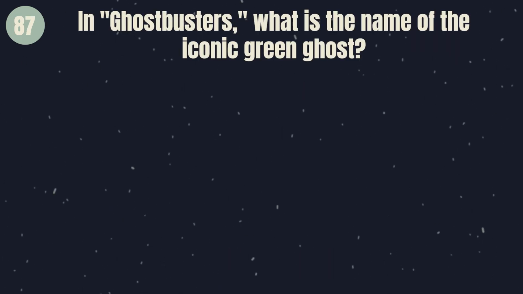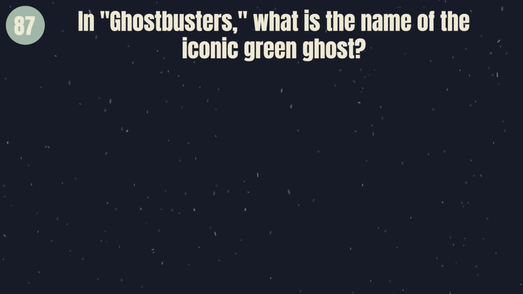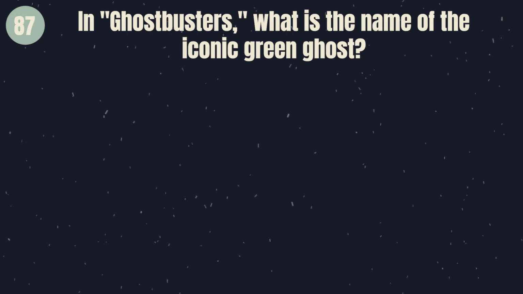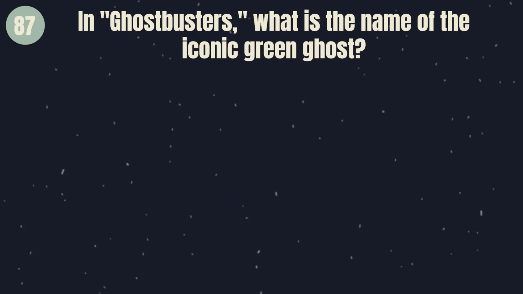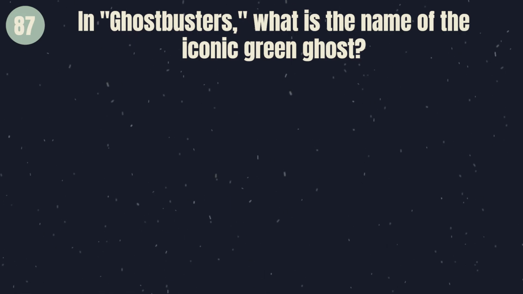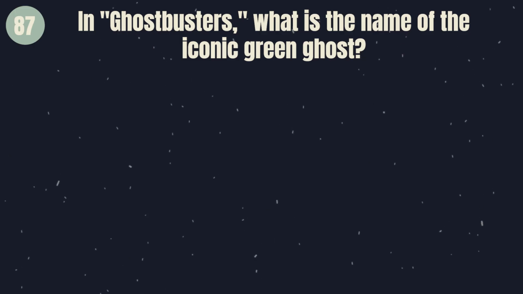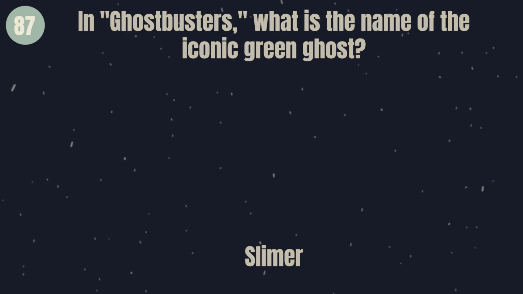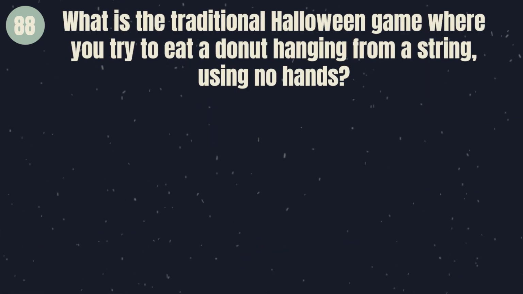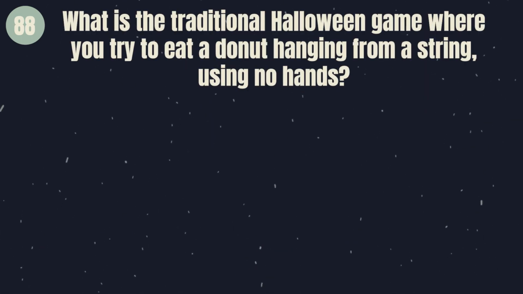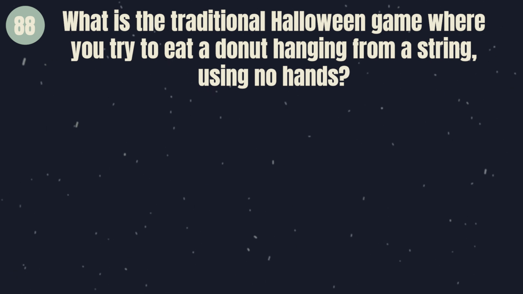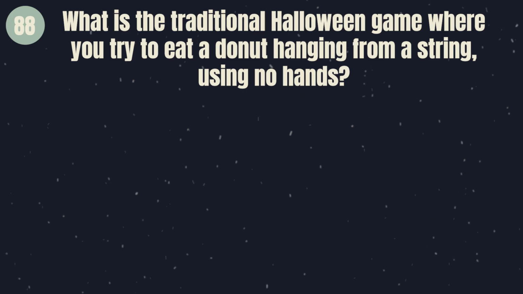In Ghostbusters, what is the name of the iconic green ghost? Slimer. What is the traditional Halloween game where you try to eat a donut hanging from a string using no hands?